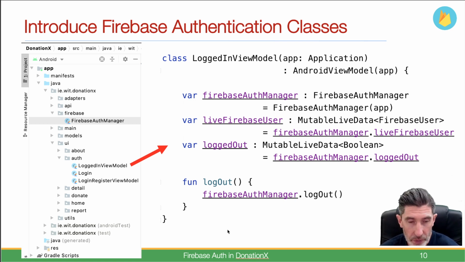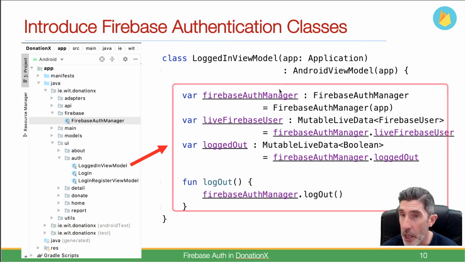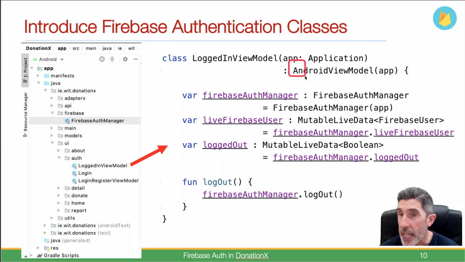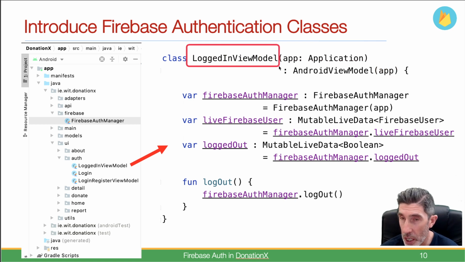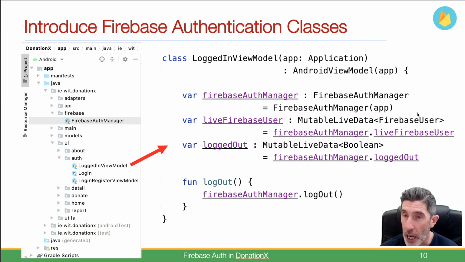With our logged in view model, we're just keeping track of a few other properties. We have our Firebase Auth Manager instance, and there we are. Notice that we are extending from AndroidViewModel because we want to get at the application object. This app is an implicit application object that we can pass into our logged in view model instance, which in turn will allow us to create that Firebase Auth Manager, which ultimately will allow us to keep track of the Firebase authenticated user across the whole app.